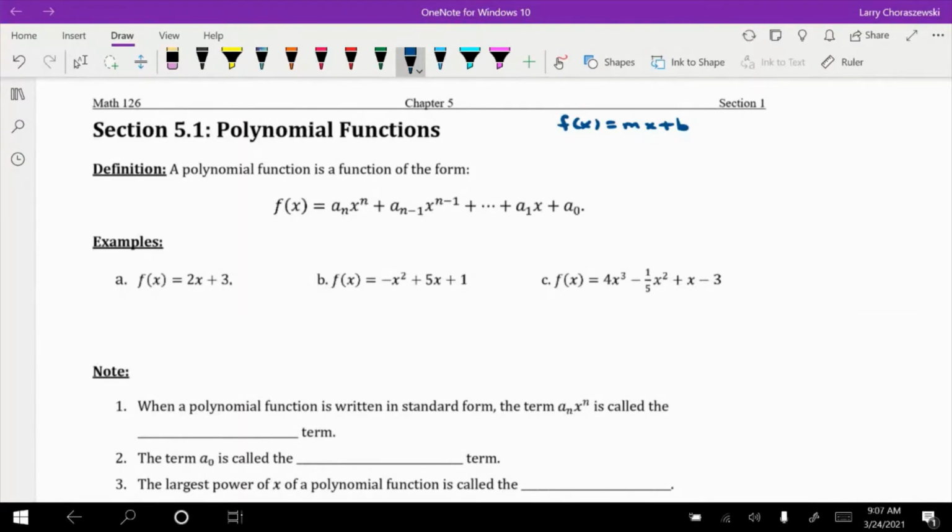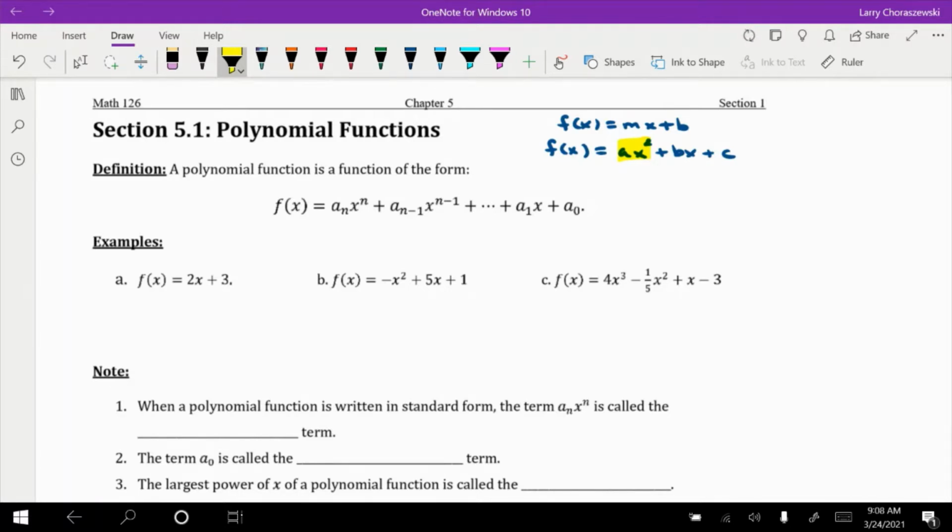We have the same sort of format going on with the quadratic function, ax squared plus bx plus c. There's one additional term in the quadratic function, and that additional term is a times x squared, which is also a special type of monomial.